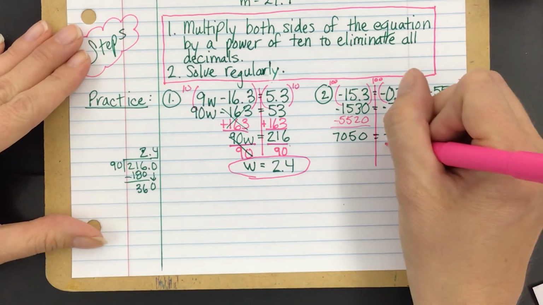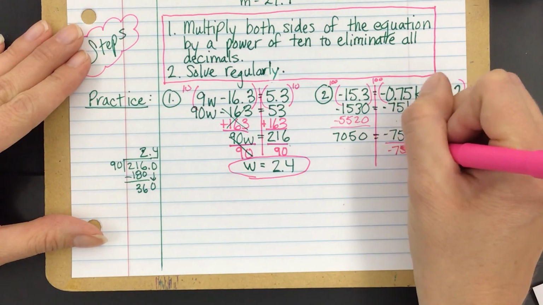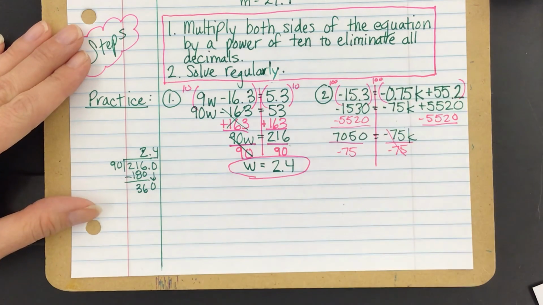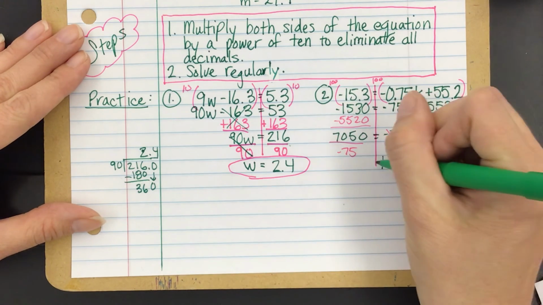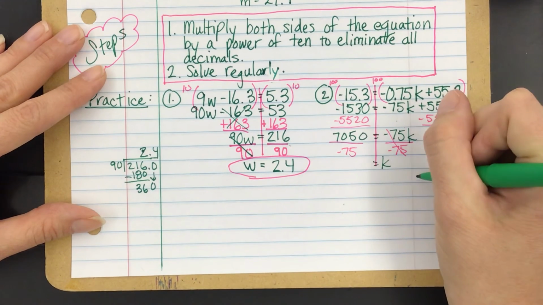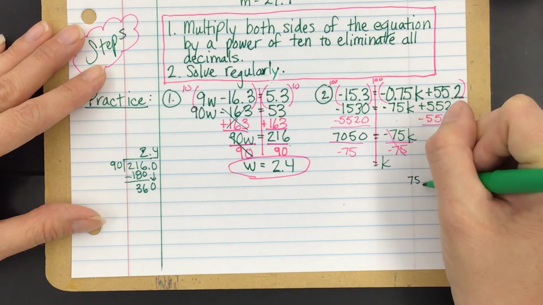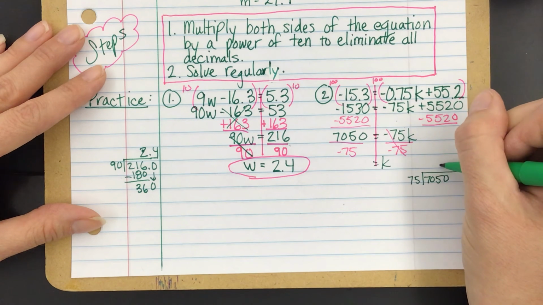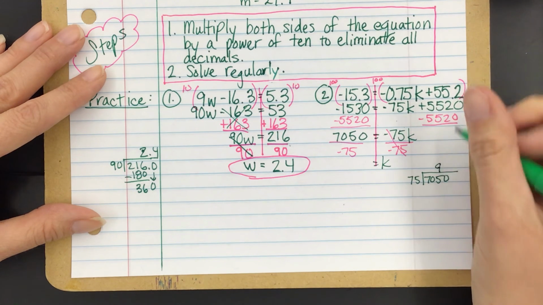Then I'm going to divide both sides by negative 75. And I get that K is equal to, and I'm going to come over to the side to do my scratch work. This goes in 9 times, I believe.